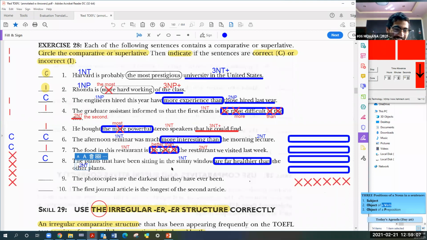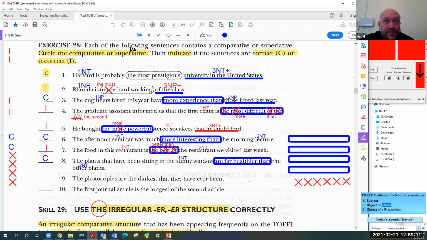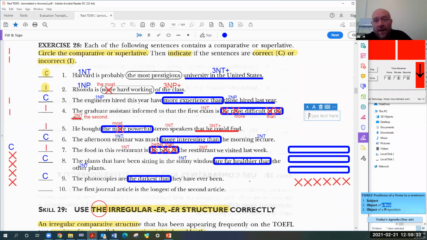Yeah. All right. Hassan Alawan, number 9. Correct. You say it's correct. Where do I put the circle? The darkest. The darkest that they have ever been. So what are we comparing then? Photocopies.